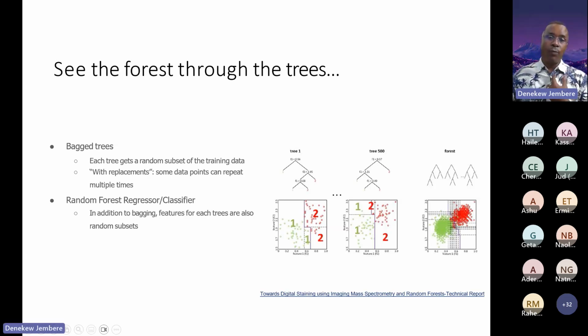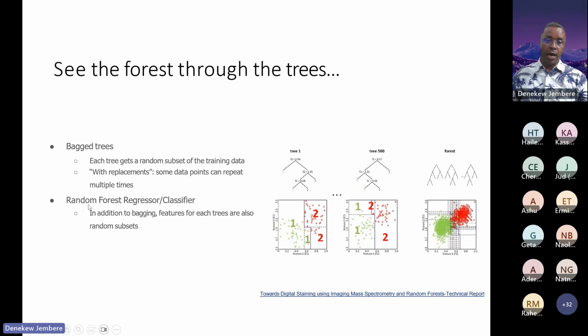And now this is an important thing: to see the forest through the trees. Bagged trees, or bootstrap aggregated trees: each tree gets a random subset of the training data, and with replacement, some data points can repeat multiple times.